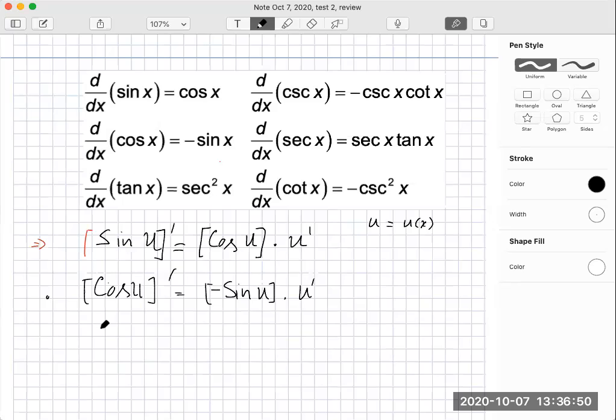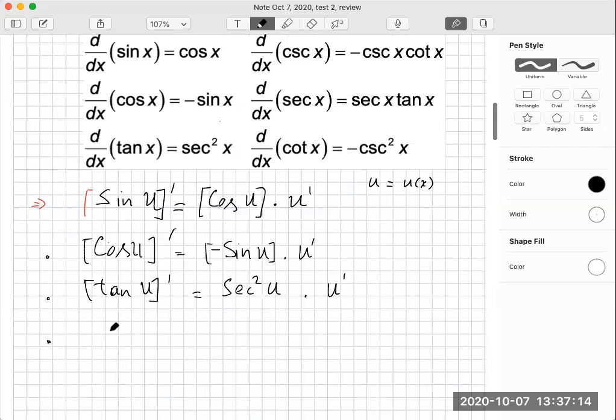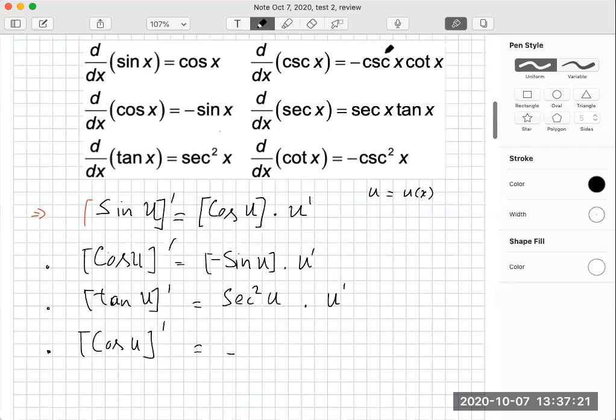And what about the derivative of tan of u? Very good. Just from the general, we have almost everything. And similarly, the derivative of cosecant of u. The same here, right? Negative.